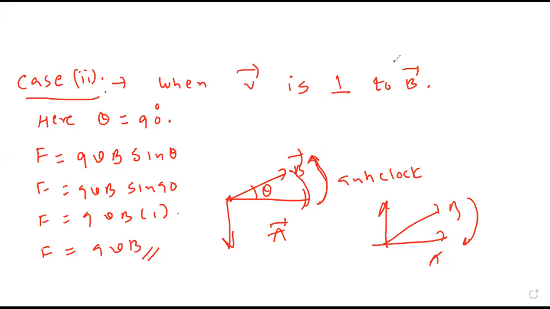Just note, this is not part of the answer. With this note, you will understand something. I'm drawing one circle. In anti-clockwise, I'm marking I cap, J cap, K cap.